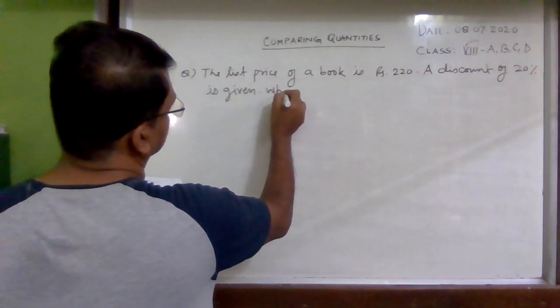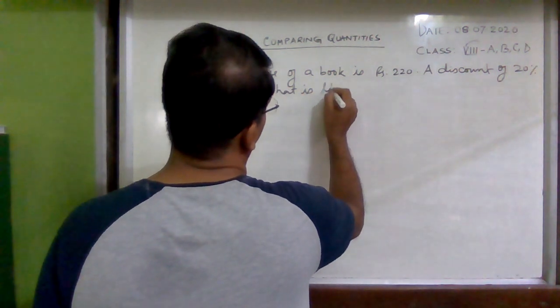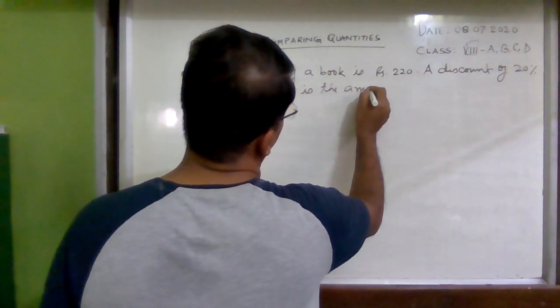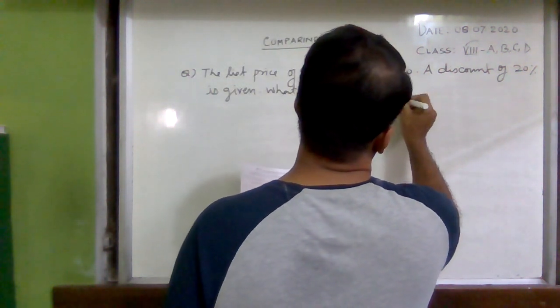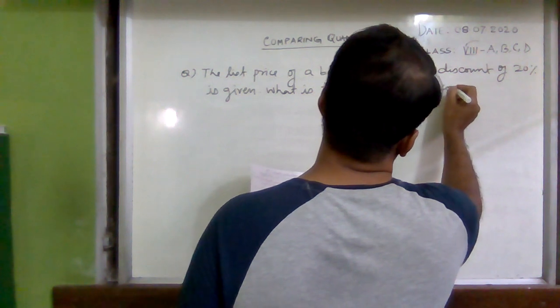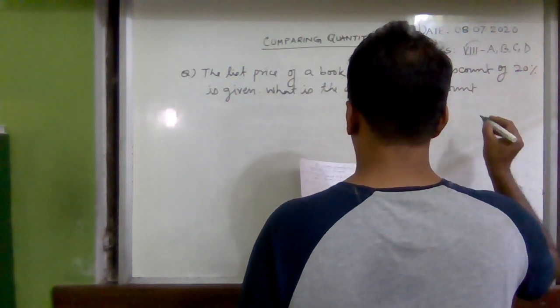What is the amount of discount and the selling price?